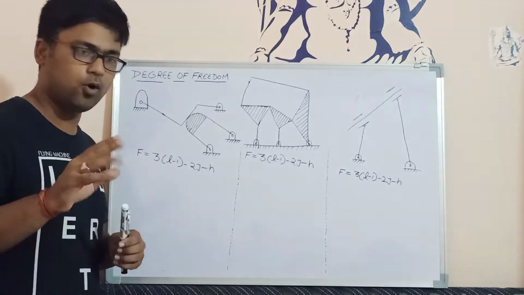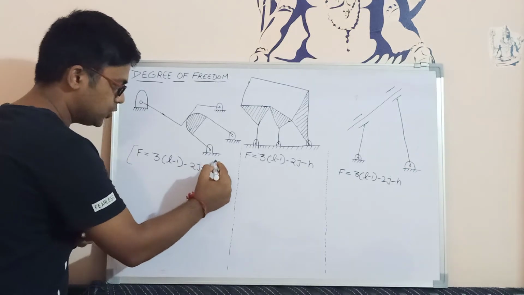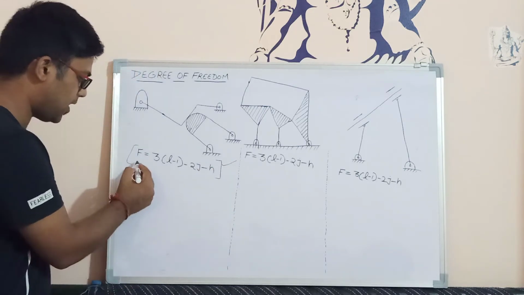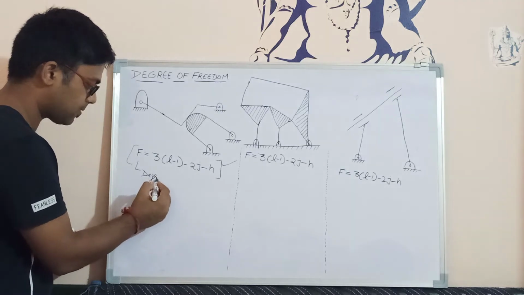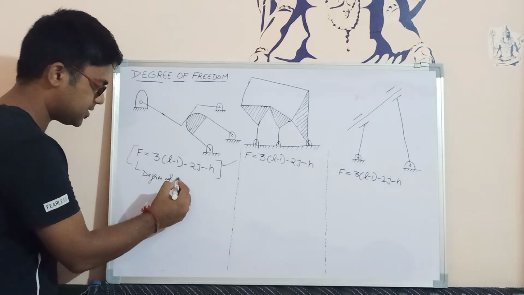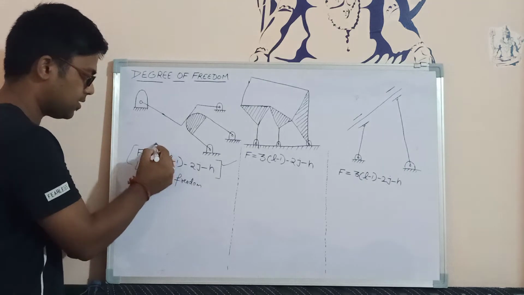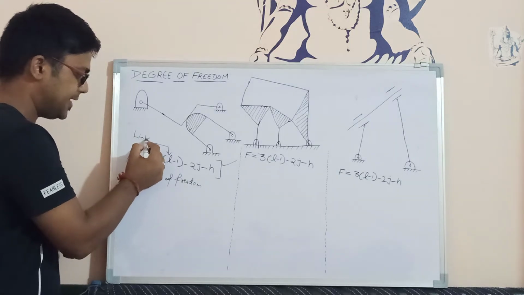freedom. Before that, this is the formula which we are going to use, called Kutzbach's criterion, to find the degree of freedom. Here in this formula, F represents the degree of freedom. L stands for the number of links we are having.